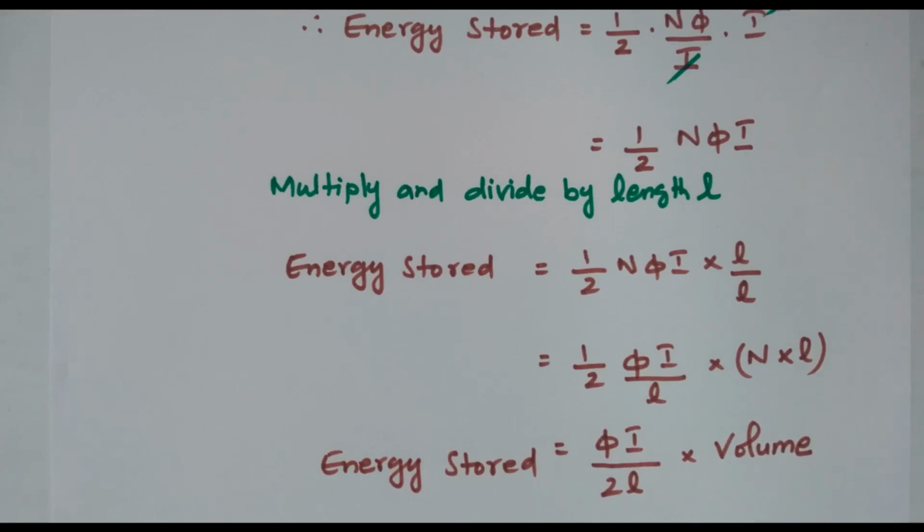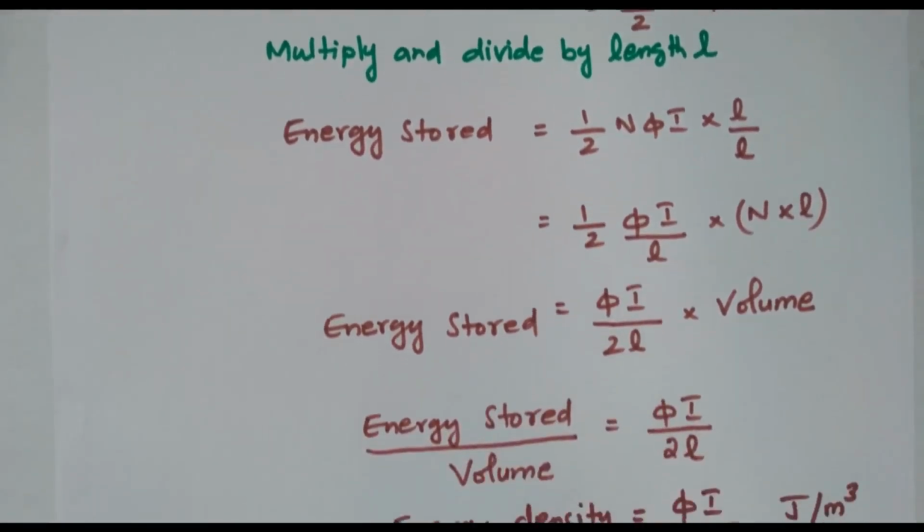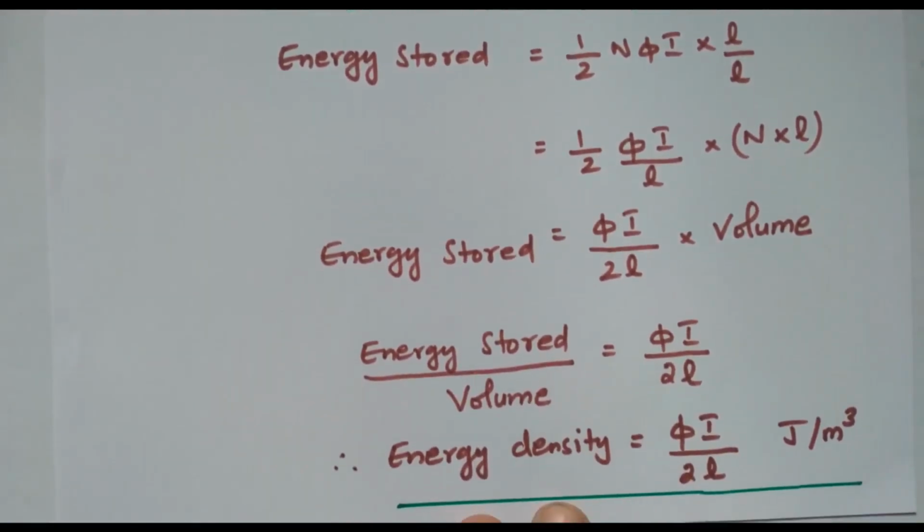Now bring this volume to the denominator on the left hand side. Energy stored by volume equals mu N i square divided by 2l, right? This volume is brought to the denominator. What is energy stored by volume? It is nothing but energy density.